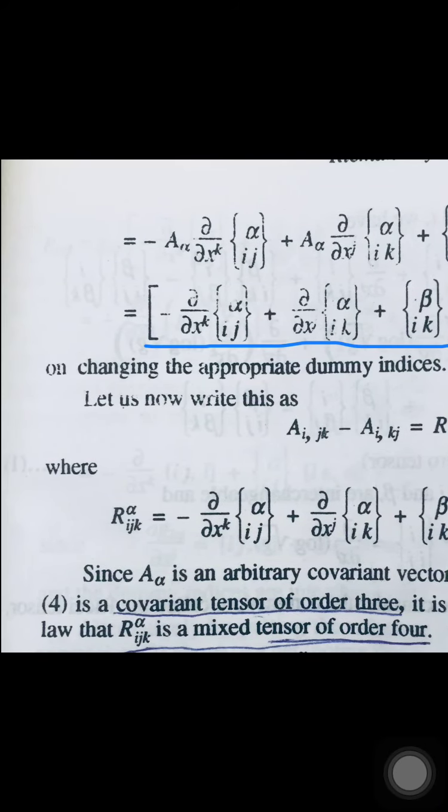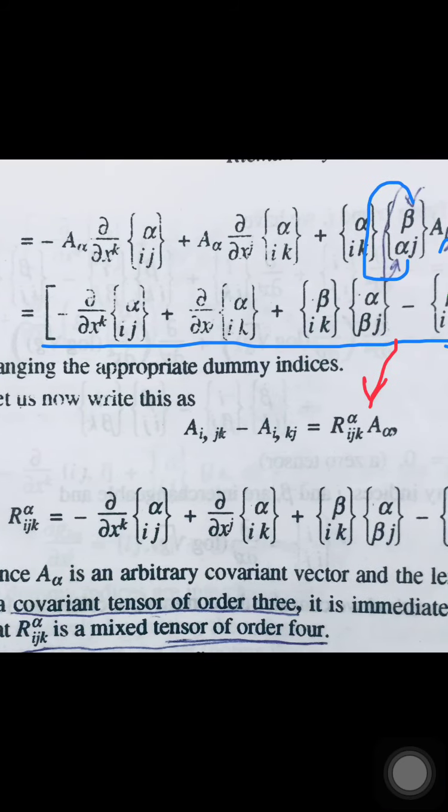You are seeing here a_{i,jk} and a_{i,kj}, so there are 3 indices. A very important thing: the left-hand side is nothing but a covariant tensor of order 3.